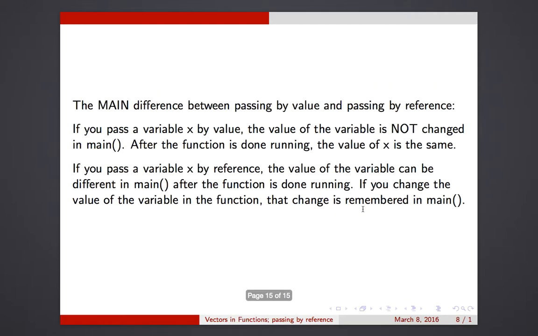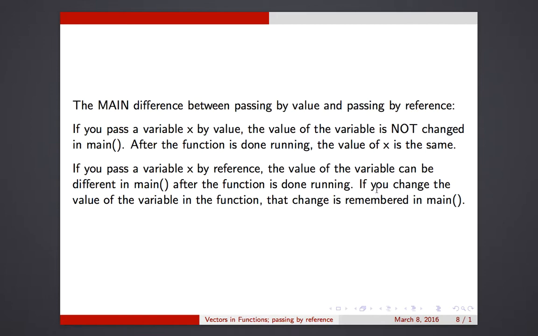So passing by value and passing by reference do different things. If you pass a variable x by value, the value of x is not changed in main. So after the function is done running, the value of x is the same. On the other hand, if you pass a variable x by reference, the value of the variable can be different in main, and oftentimes is, after the function is done running.